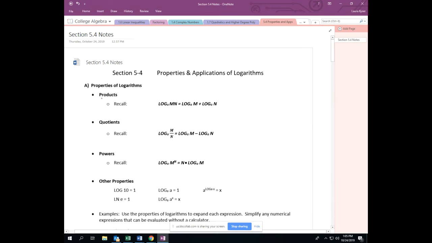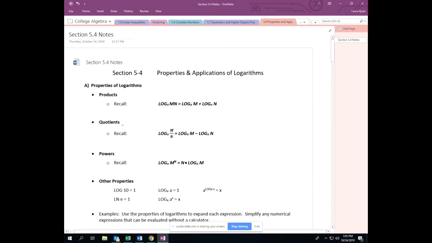So the product rule basically says that if you have a logarithm of a product, you're allowed to split that product up into the sum of the log of its factors. So you can kind of divide this thing up into its factors and expand it out as long as each one of them gets its own logarithm and there's addition separating the terms.